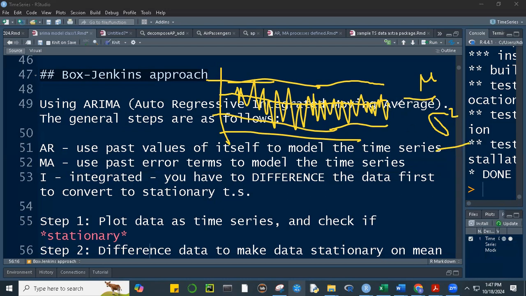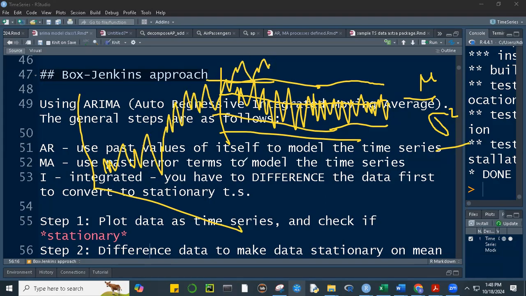And what is a constant mean, class? Here, it means that it does not have a trend, because it's different, class, if your time series behaves this way. So in this time series, if you take a look at this band, at this point, the mean is around this one.